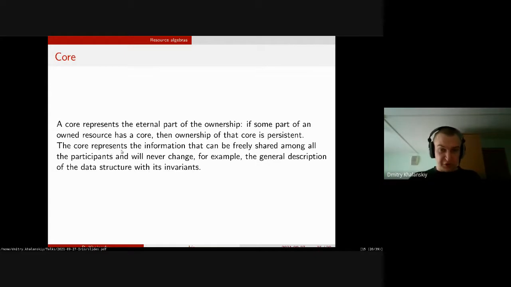It is customary to use the cores of some resources to encode some observed states of the data structure as a whole, along with its invariants. It may provide enough of a context to successfully deduce the state of the system as a whole.